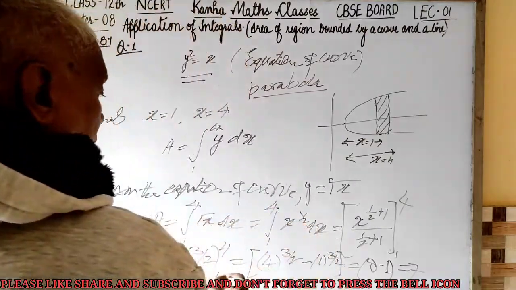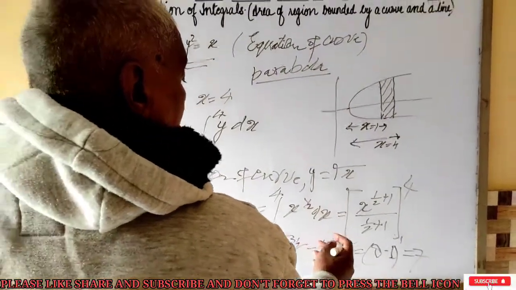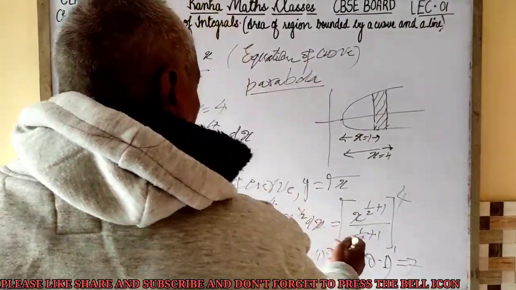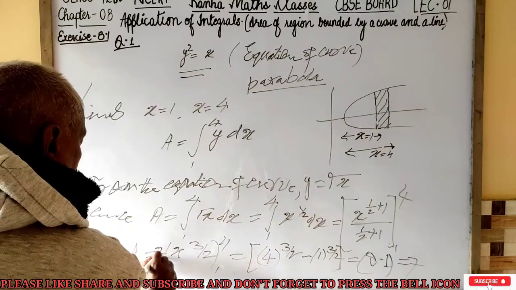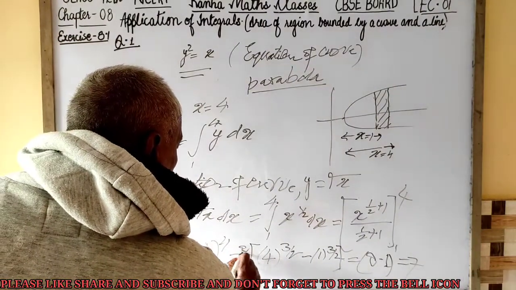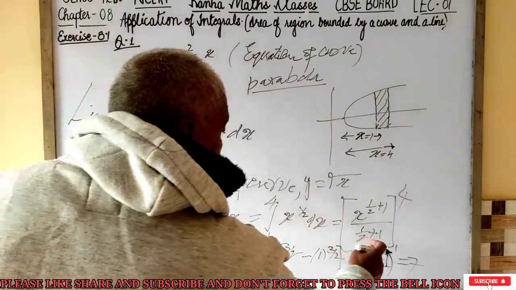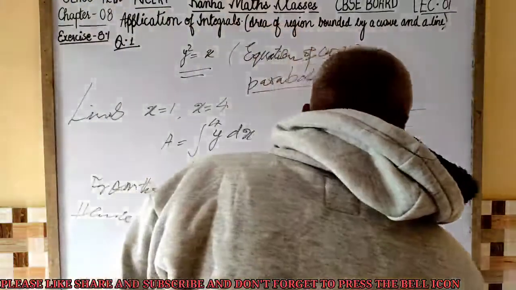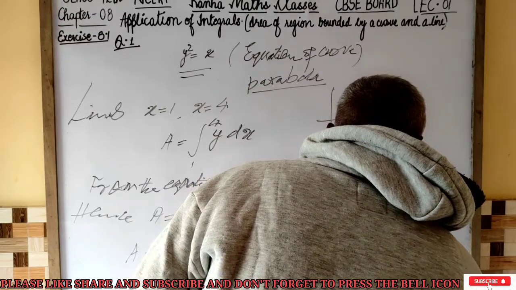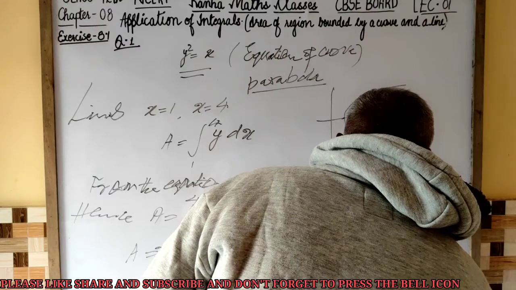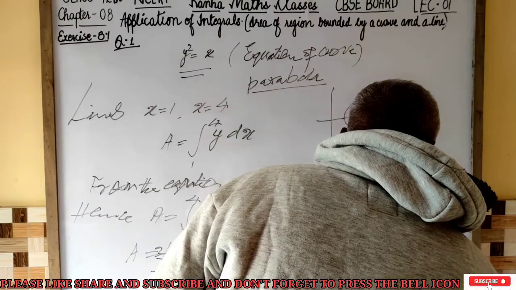Here we have the factor 2/3, because the denominator was left here, multiplied by 8 minus 1, which is 7, so 2 times 7 upon 3 is 14/3.